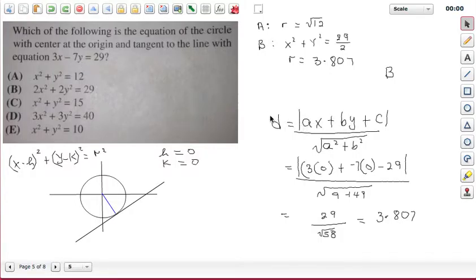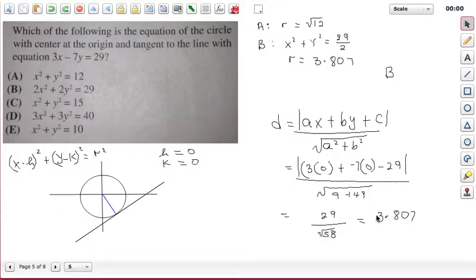A is the number in front of x, b is the number in front of y, which is -7, and c is the constant, which is -29, bringing it to the other side. So we have the absolute value of -29 is 29, over the square root of a squared, which is 3 squared, 9, plus 49, is the square root of 58. Plugging this in your calculator, you'll get 3.807.